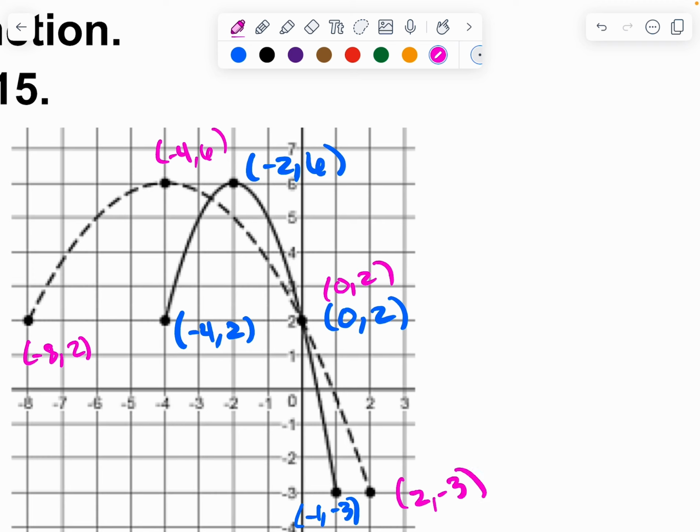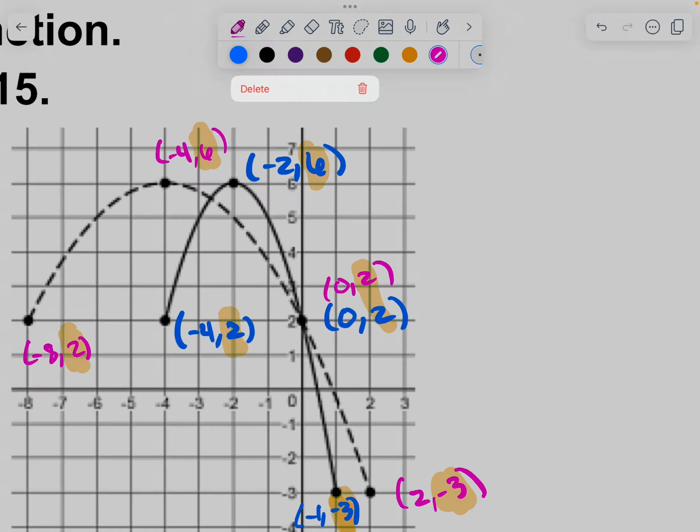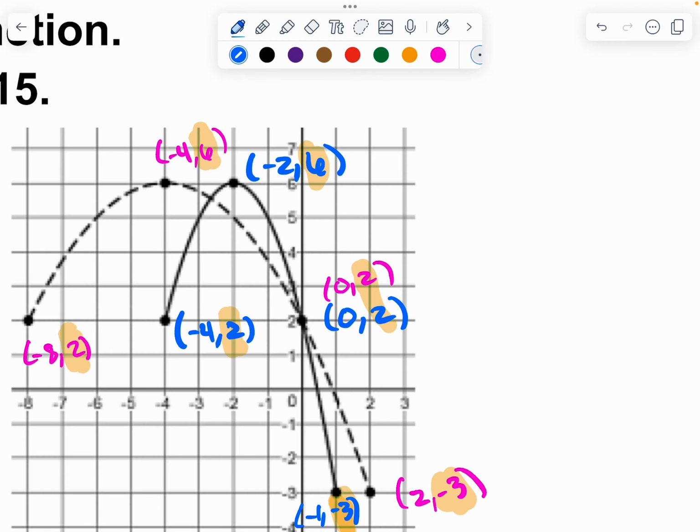So if you notice, the ones that correspond with each other, look at this. The y values are the same. Y's are the same. So all we're doing is talking about the x values. I'm just going to pick one. Oops, I don't know why I did delete. I'm going to pick -4, and that became -8.